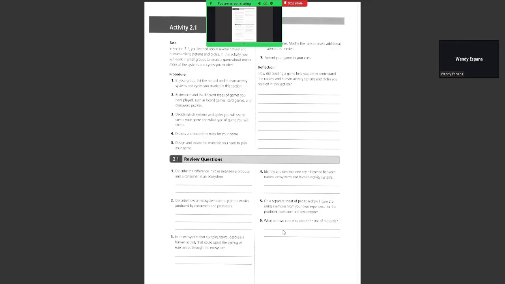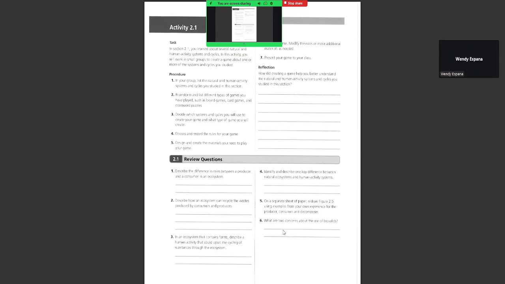Number 4 says identify and describe one key difference between natural ecosystems and human activity systems. There was a couple in the readings in the textbook talking about the processes in each of those ecosystems, and there's one process that's really important that we've talked about a lot that you could describe there, and that's worth 2 marks.